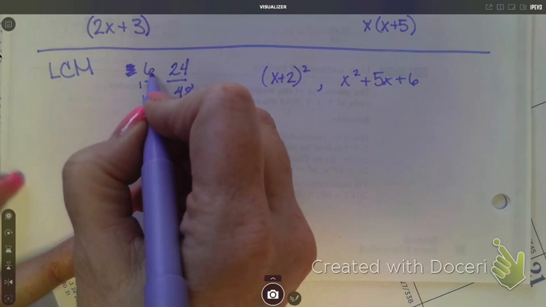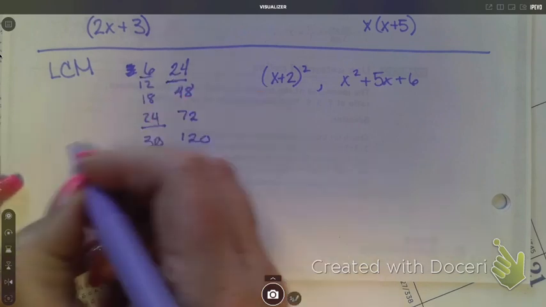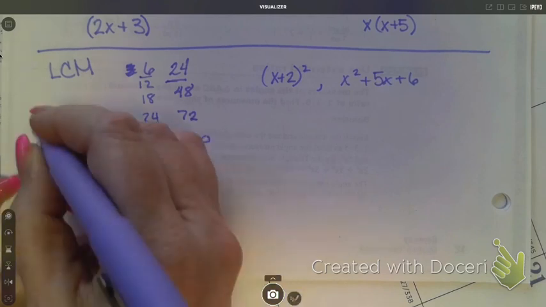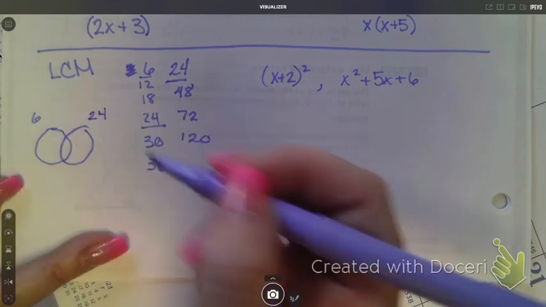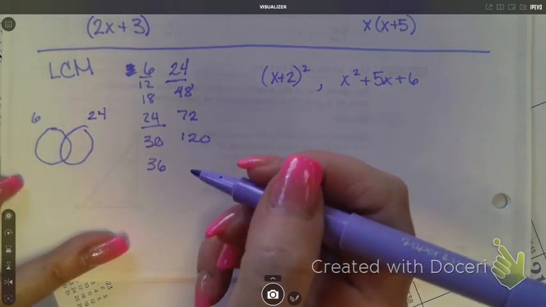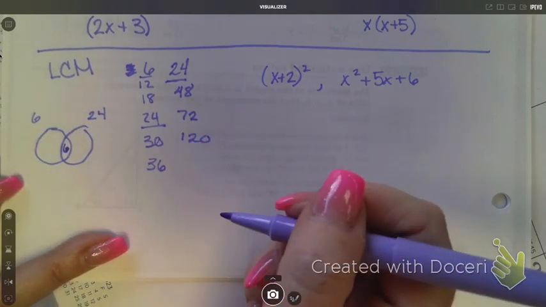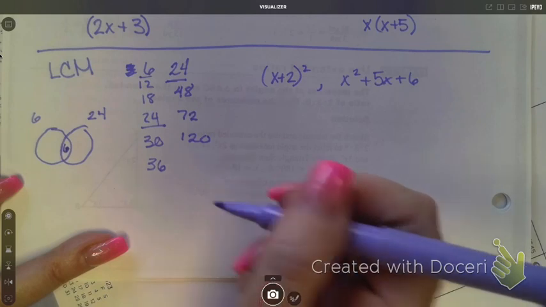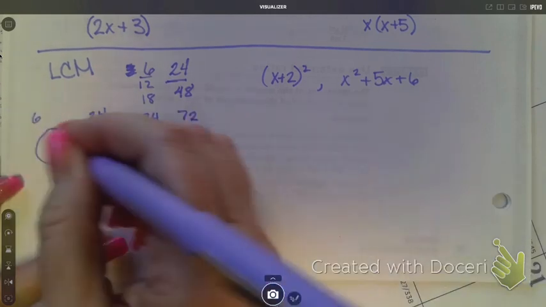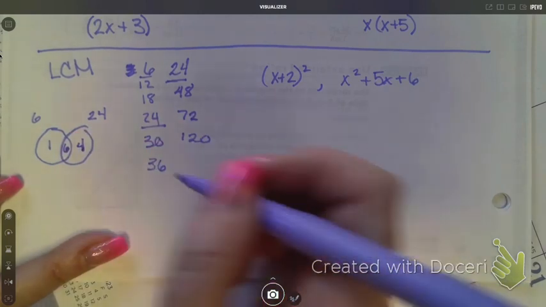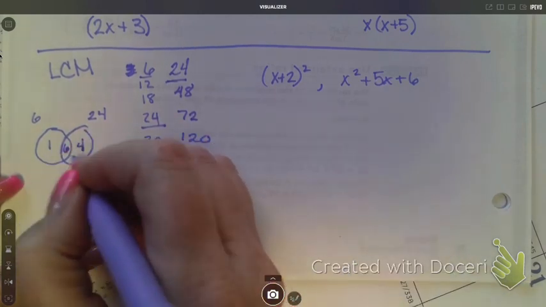We could have easily done it here with 6 and 24. What do they have in common? 6. Yes? And so 6 times 1 and 6 times 4. So your least common multiple is 24.